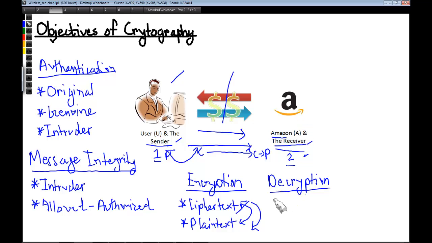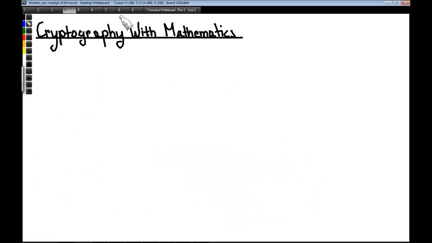So this entire decryption and encryption process can be mathematically represented. When we want to represent encryption mathematically, it will be the function E(x) = y. This is encryption.